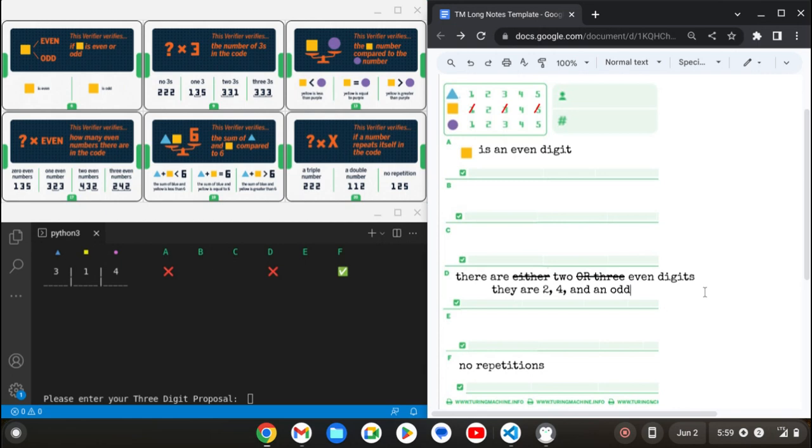I'll just put here, we already know that square is even, so I'm deducing that circle has to be even. So not triangle, because there's no ordering there. So I'm going to put circle is even.